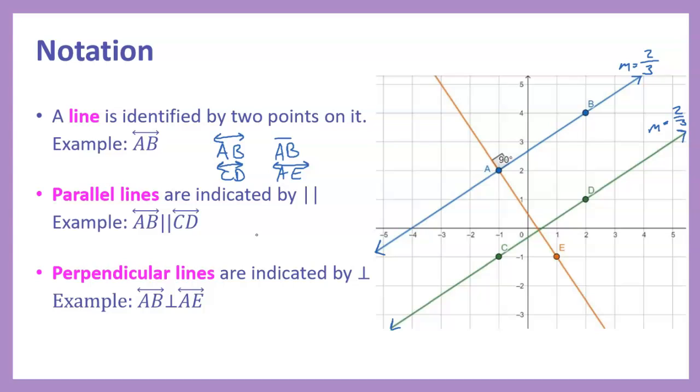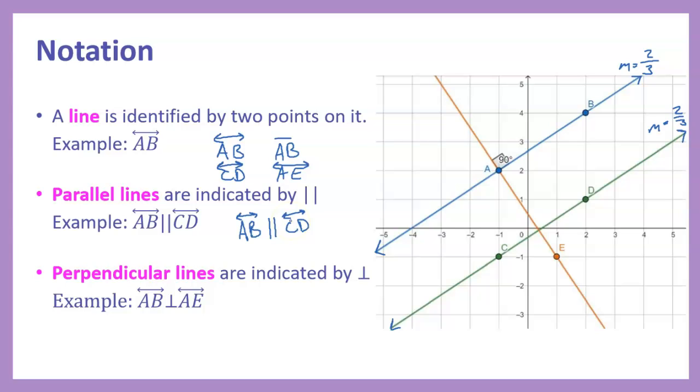So shift and then that button above the enter key, and you should get those little vertical lines. So we could type this as AB, 2 pipes, CD: AB is parallel to CD. And you usually can't type these little arrows, but I understand they're there if you want to type them in chat that way.